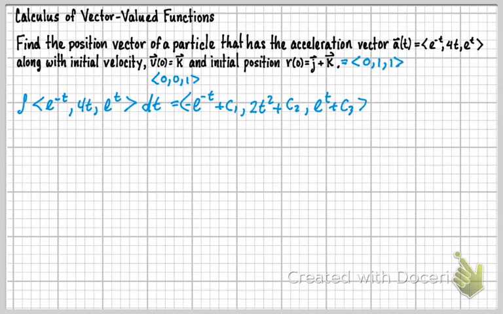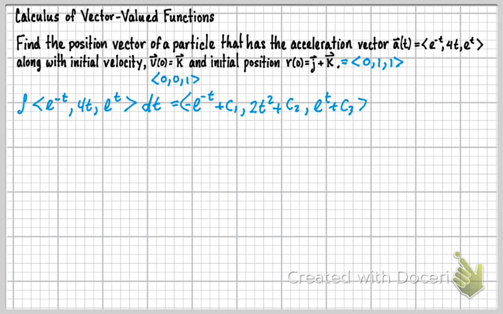Since we know v naught is equal to 0, 0, 1, and we know when we integrate acceleration that it equals v(t), then if I plug in 0 for my t's here, I should get 0, 0, 1. So that's what we're going to do now. This is really our v(t) plus c, so to speak.